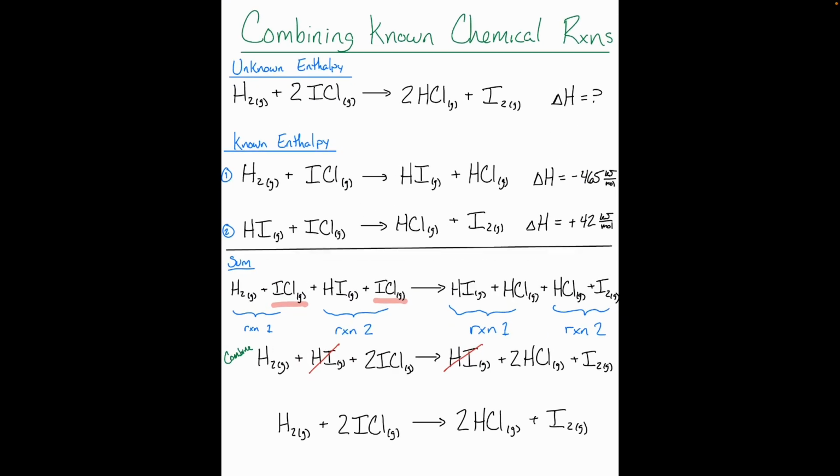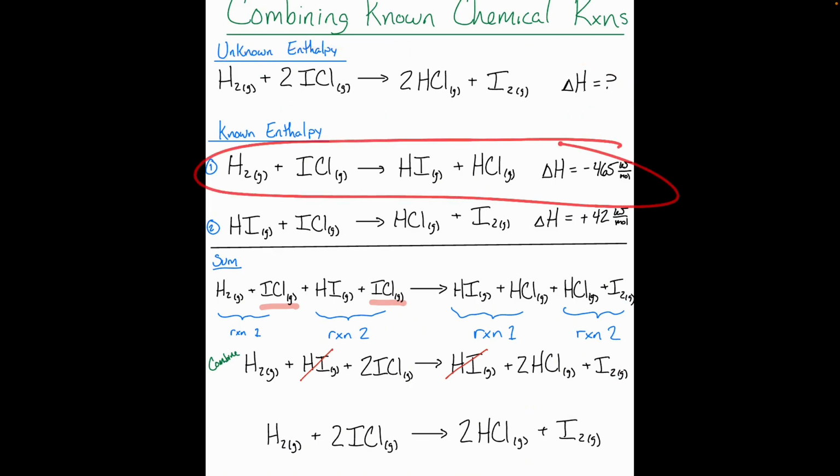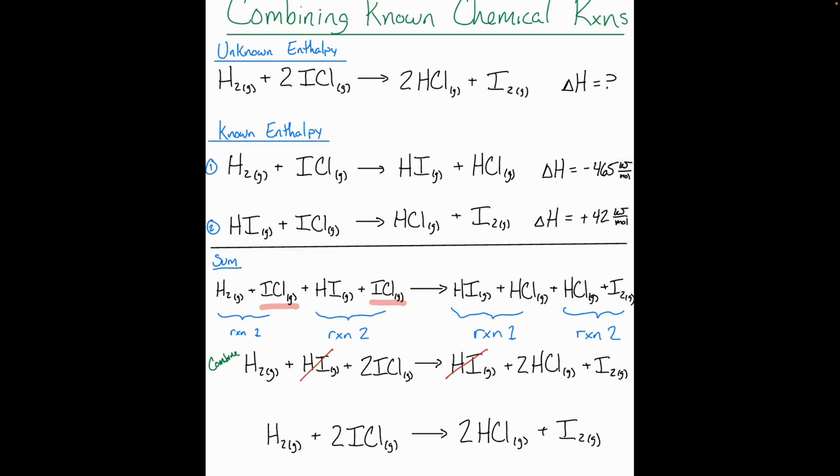This just matches this unknown enthalpy reaction that we wanted up here. We didn't know anything about this unknown reaction, but we had these two reactions that we did know. We had studied them previously. And if we combine those two reactions, we get our unknown reaction up here.